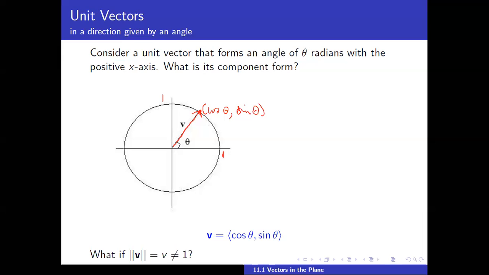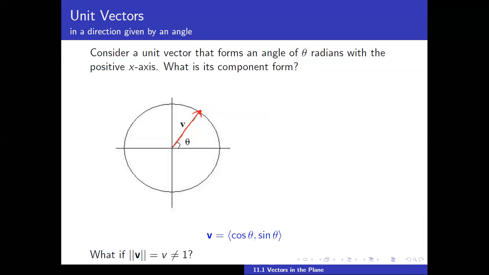The follow-up question we might have is, what if the vector doesn't have length 1? What do I do then? Let me erase this and we can talk about it.